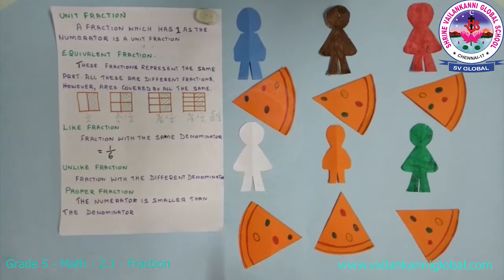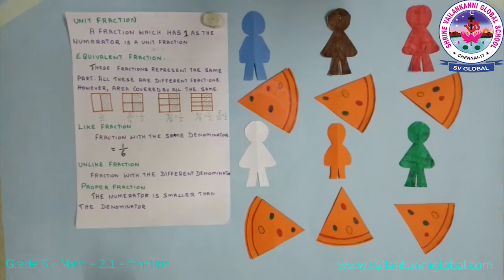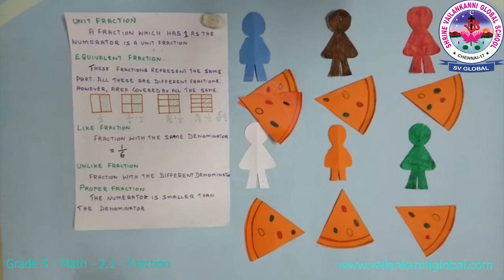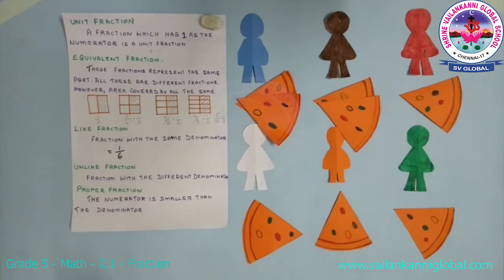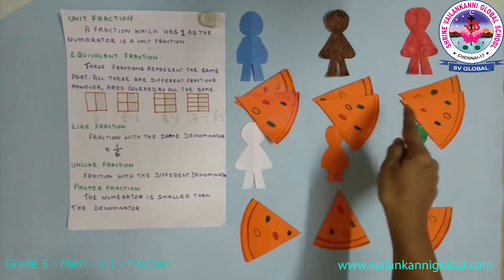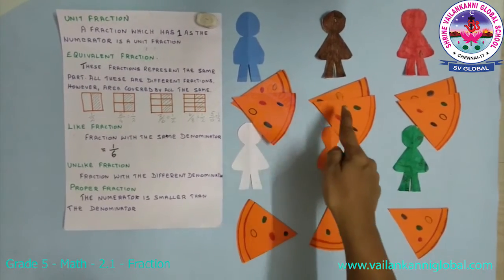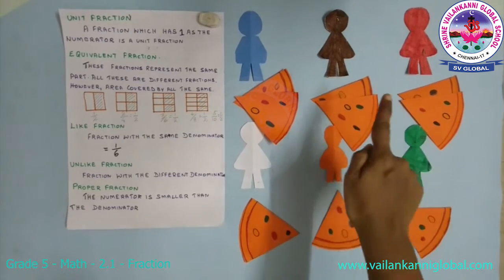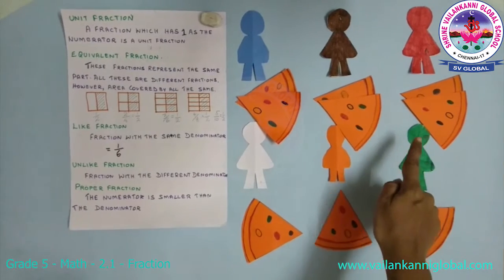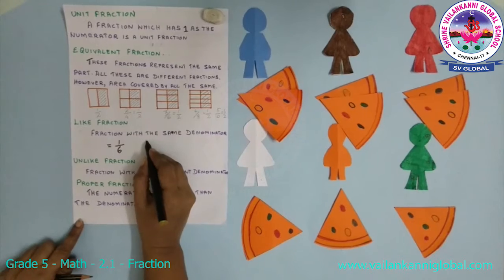If these 3 persons are getting one more piece of that pizza, how much are they getting each? They were getting 2 pieces of the pizza, which we cut into 6 pieces, so here you will be getting 2 by 6.